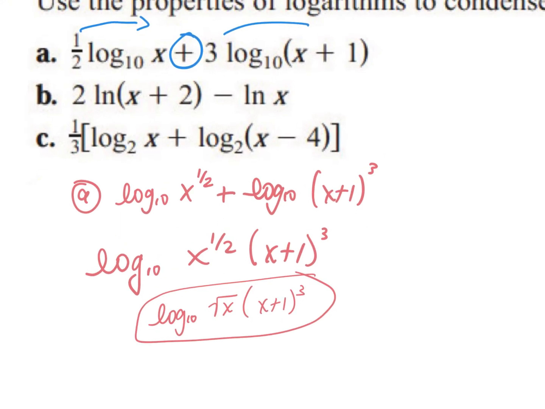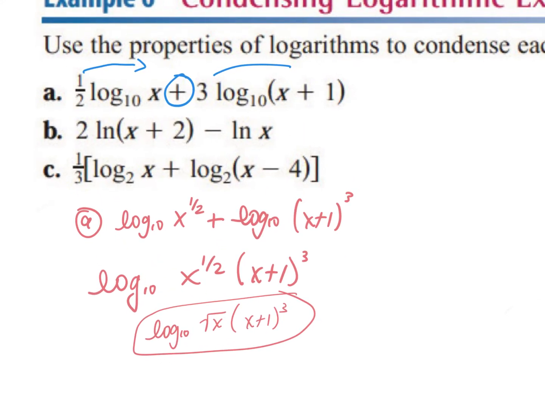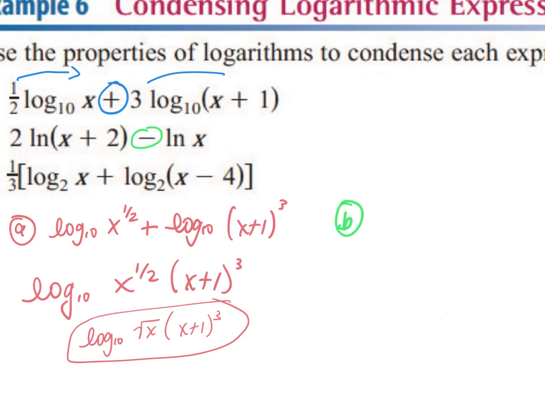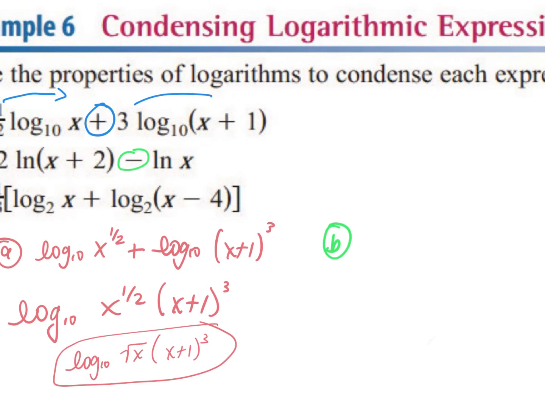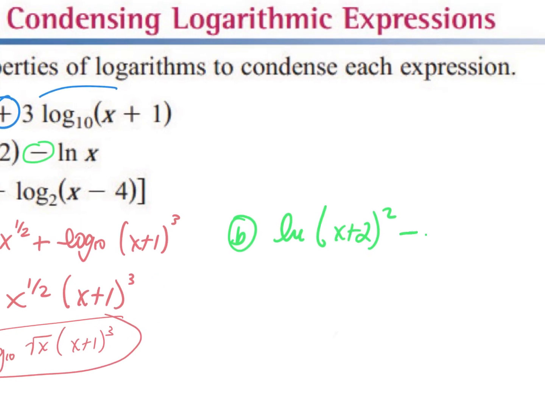All right, let's look at the next one. Now let's think for a second. What's going on here? Subtraction, which means division. Good, I like that. Good job. And then I see this too. What does that mean? Okay, it's going to become an exponent. So I'm going to rewrite this as the natural log of x plus 2 squared minus the natural log of x.